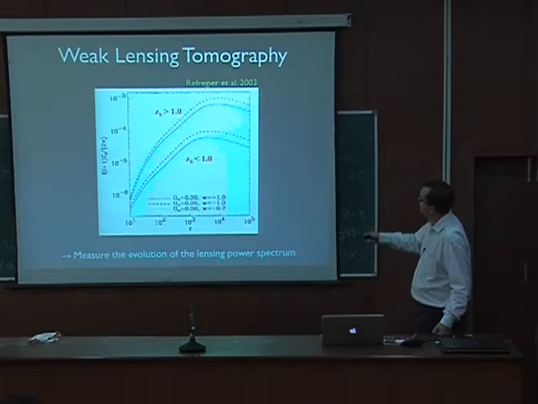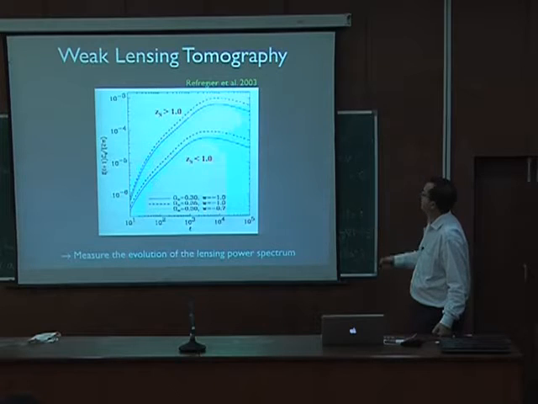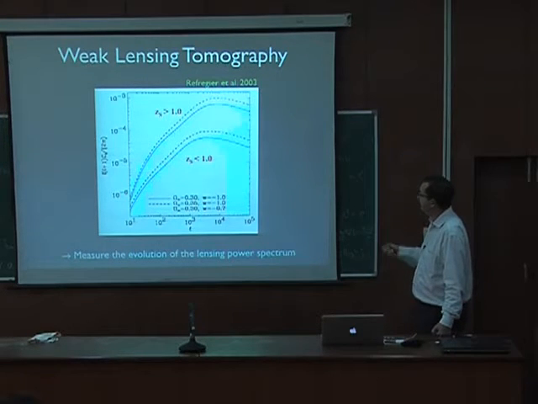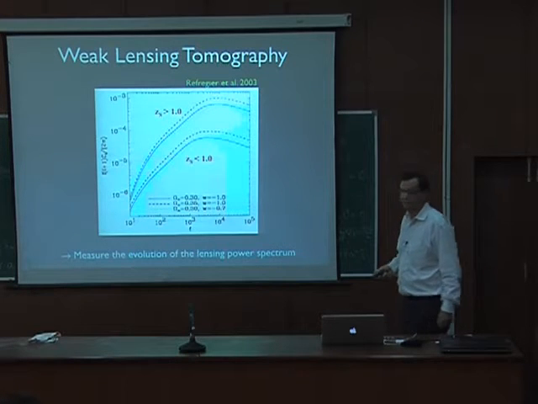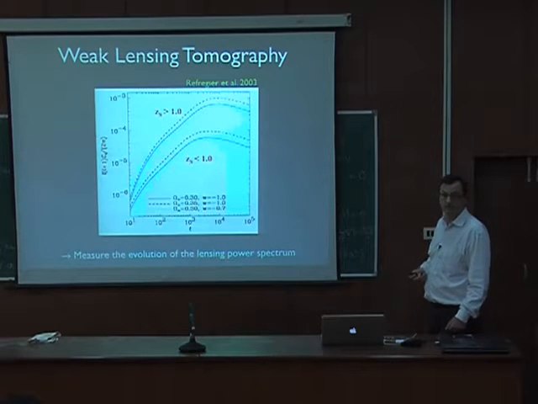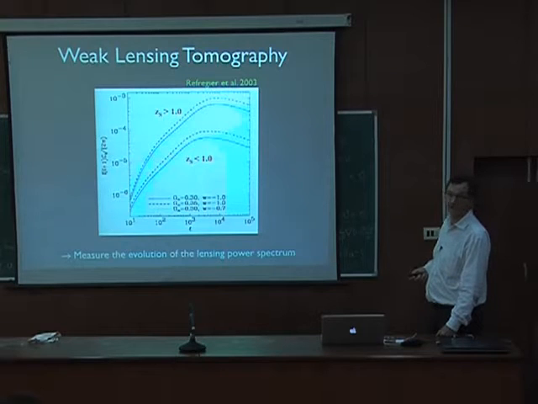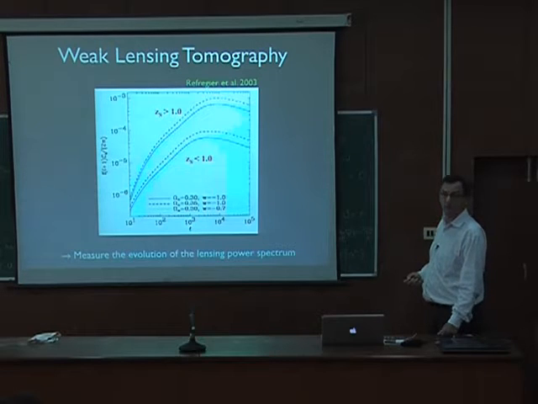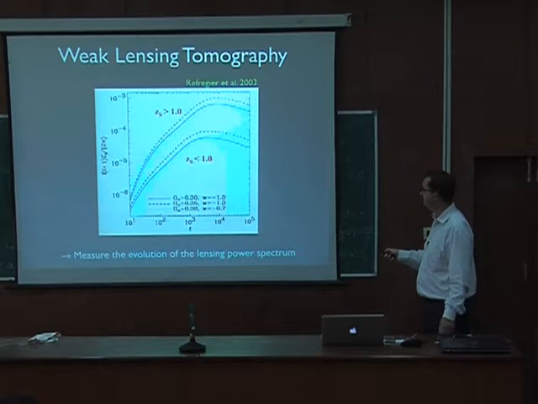So, for instance, this is a projection for one survey. The error bars are projected to be of that size, the light blue. You can imagine measuring both of them and constraining cosmology. And in particular, one of the things we're interested in, of course, is constraining the dark energy parameters, in particular the dark energy equation of state parameter, W. So the blue line assumes 30% dark matter, 70% dark energy, and a W corresponding to a cosmological constant, which is W equal -1.